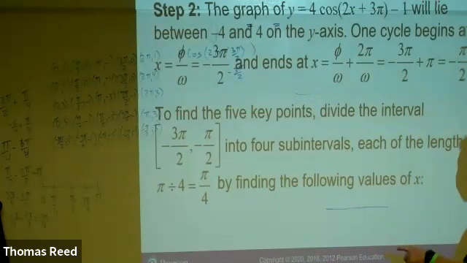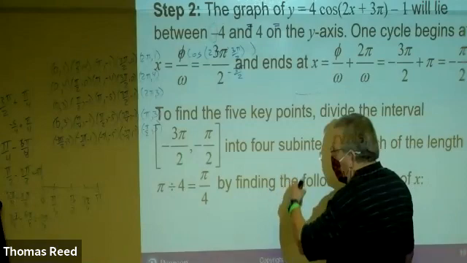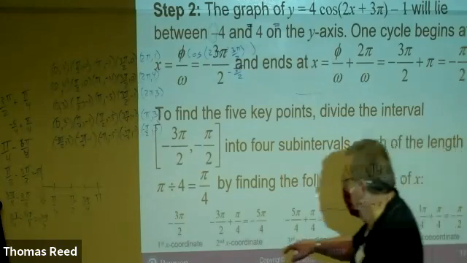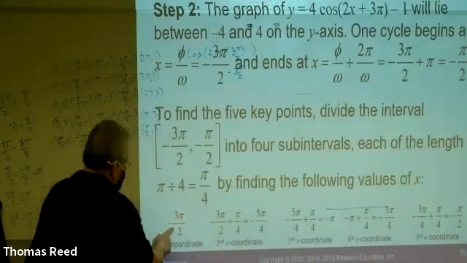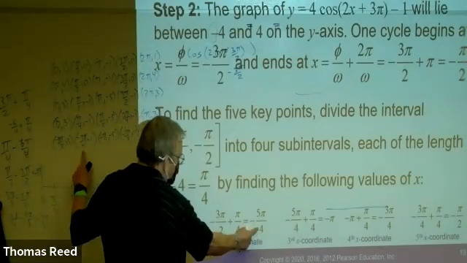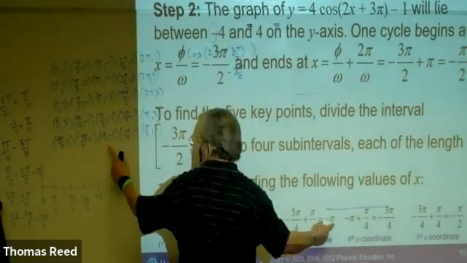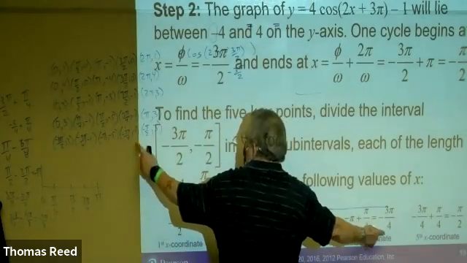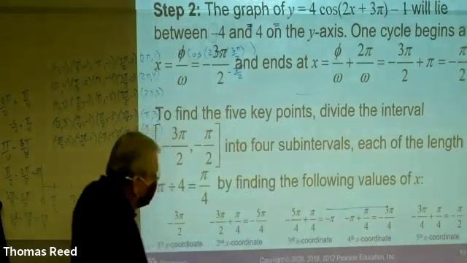And so they found that the difference is π/4. So they added π/4 each time to find the values for x. So 3/2 pi, and then they got -5/4 pi, and then -pi, and then -3/4 pi, and then -π/2.